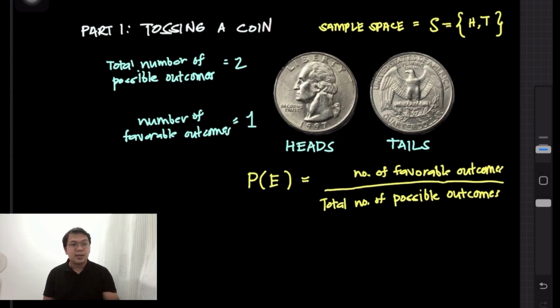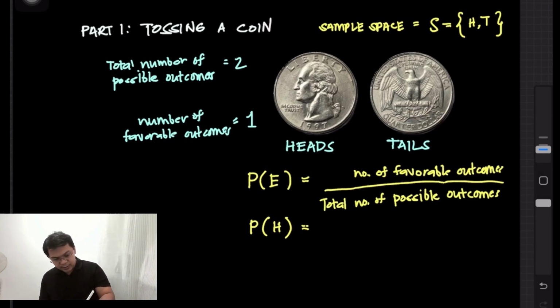So let's calculate the probability of getting either a heads or a tail. We said earlier we want to get the heads, so let's use that. P of H, since we're looking for the heads. What's the number of favorable outcomes of getting a head? We only have one.